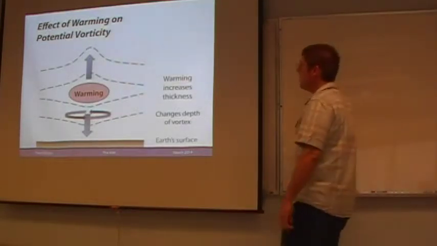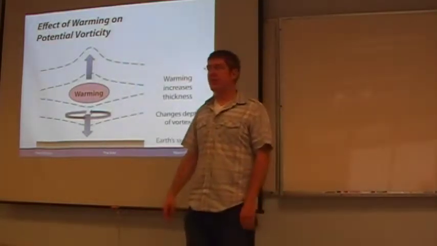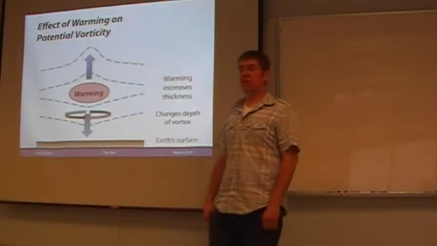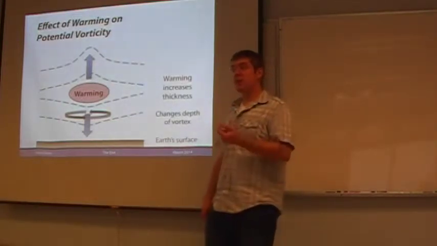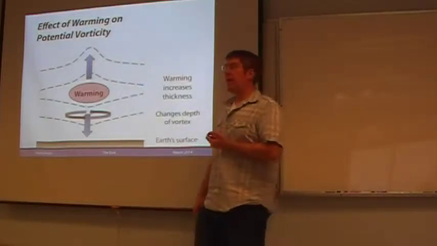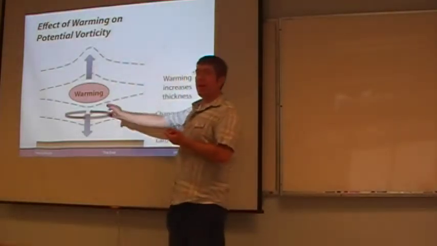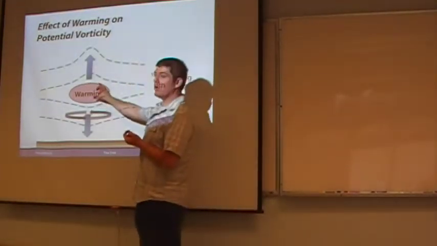Warming can also affect potential vorticity and can lead to the generation of potential vorticity and relative vorticity, as we saw for the development of a hurricane. Latent heating in the center of the hurricane led to warming of the internal layers.